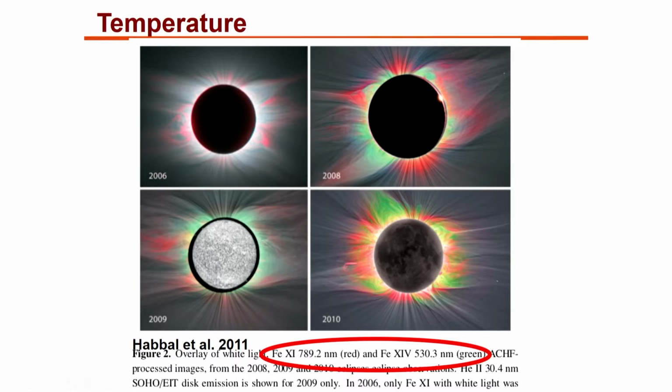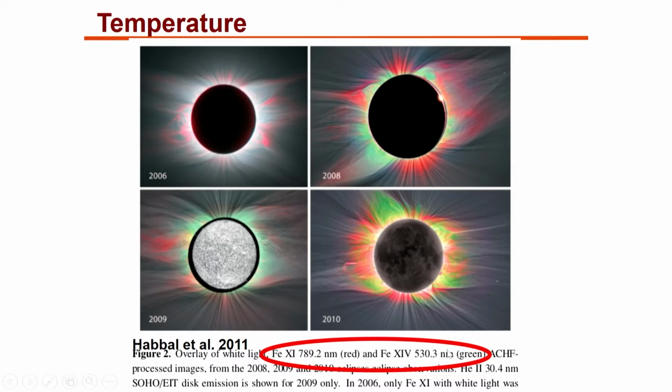The other interesting element which I want to highlight here is that these images are actually a superposition of two images, one taken with the red line and the other with the green line. The red and green lines correspond to two different ionization states of iron.